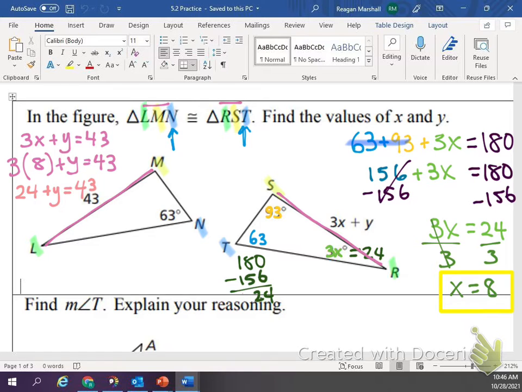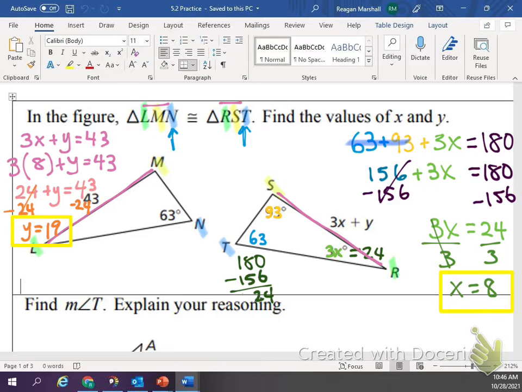I know I'm running out of room. I'm so sorry. Subtract 24, and y is 19. So, angles equal angles, sides equal sides. You will never see them mix and match. Okay? Any questions on this one?